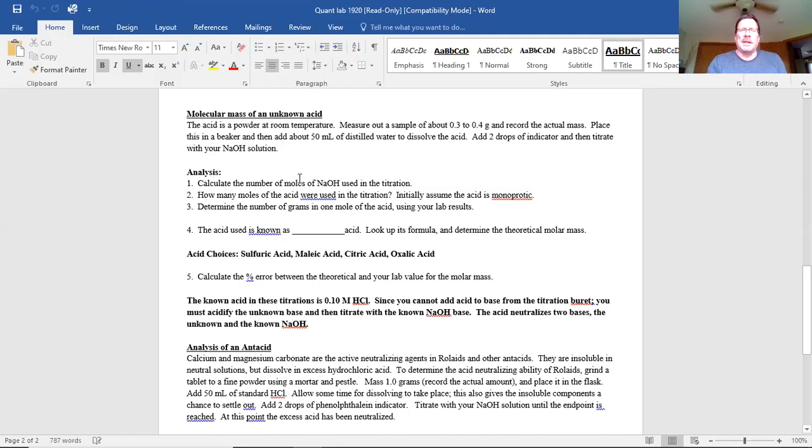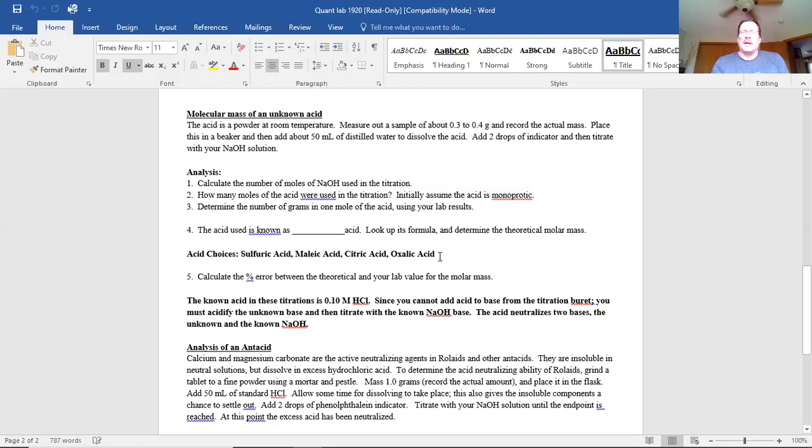So in theory, the moles of the sodium hydroxide and the moles of the acid should be the same if it was a 1-to-1 ratio. That's the assumption you have to make. You have to make a guess at first. And then you look for the molar mass by taking the grams we used of the unknown acid, dividing by the moles, and you get grams per mole, your molar mass.